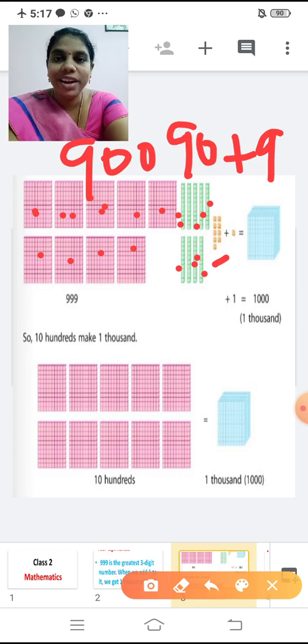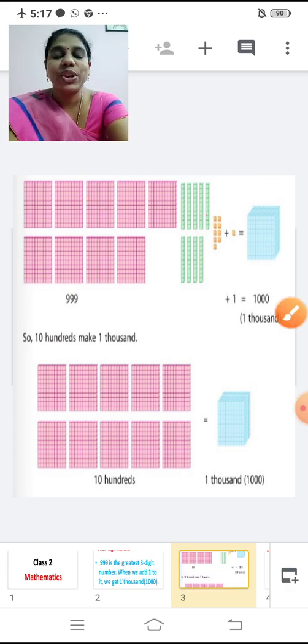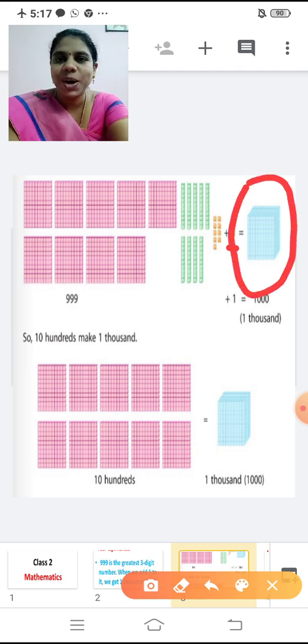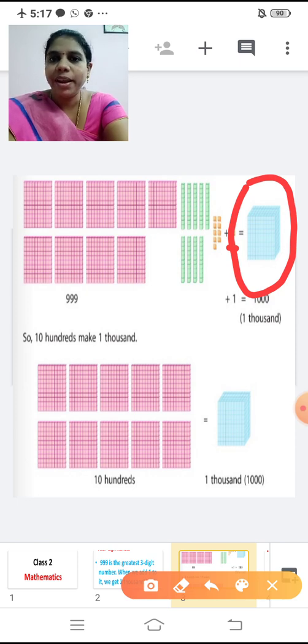So 990 plus 9 is 999. When we add one more 1 to this number, what will happen? It becomes 1000. 900 plus 90 plus 9 is 999, plus 1 becomes 1000.